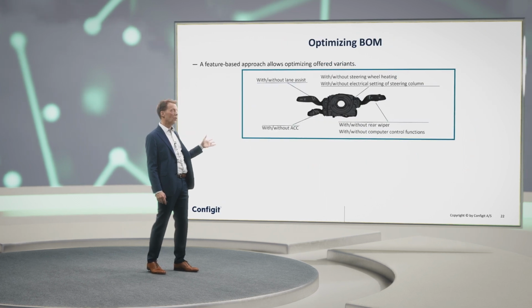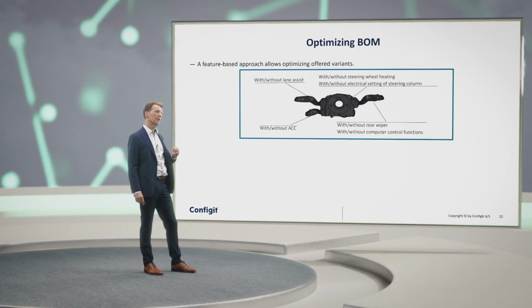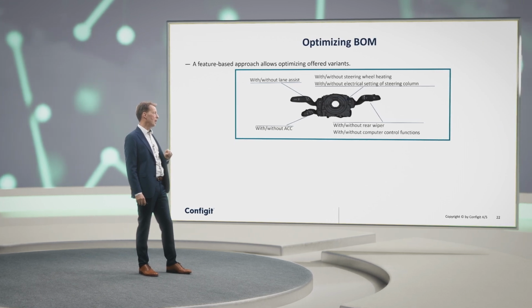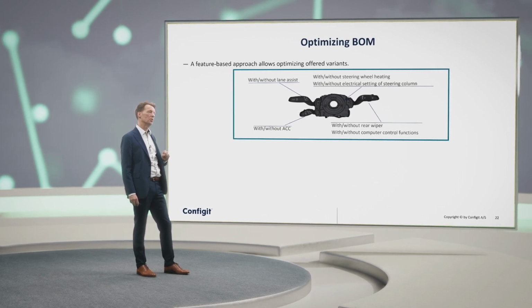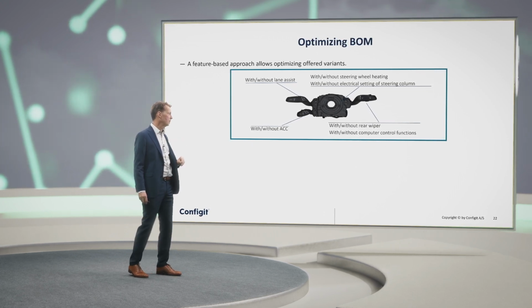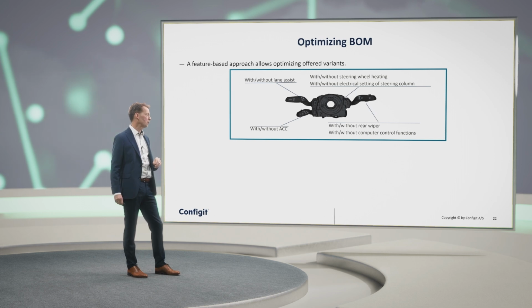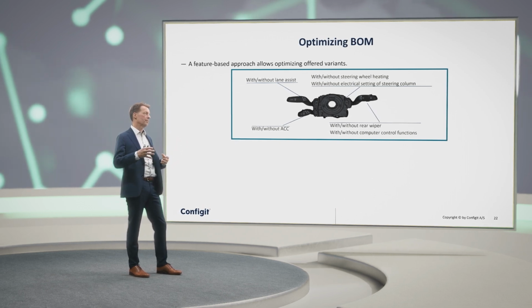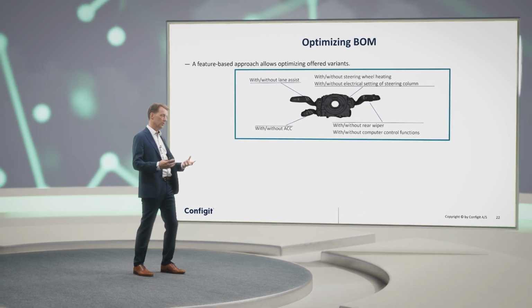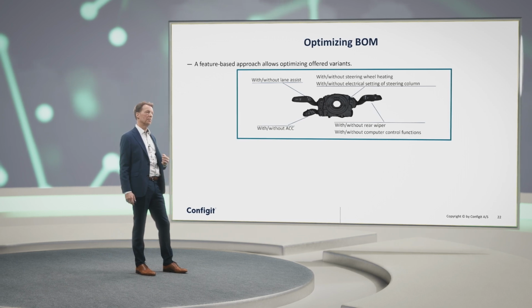You can do more with the VT technology. One of the things that we have also looked at is how you can use the solution spaces to optimize the bill of material. So here's an example from a company we worked with at some point. They looked at the component that sits right behind the steering wheel of a car, and they looked at the variability of that component.